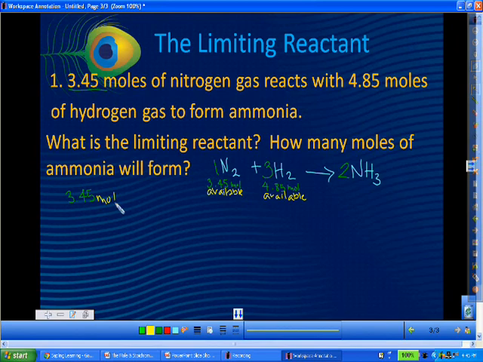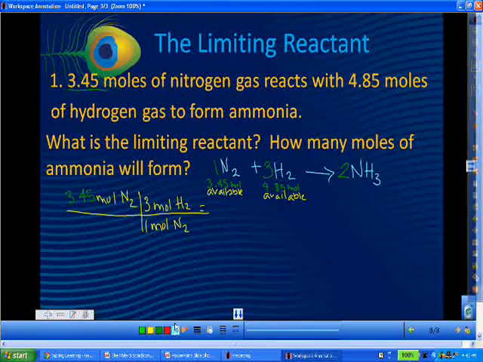So we have 3.45 moles available of N2. Now let's see how many moles of hydrogen we would need to react with nitrogen by setting up a mole ratio. We see that we have 1 mole of N2 for every 3 moles of H2.